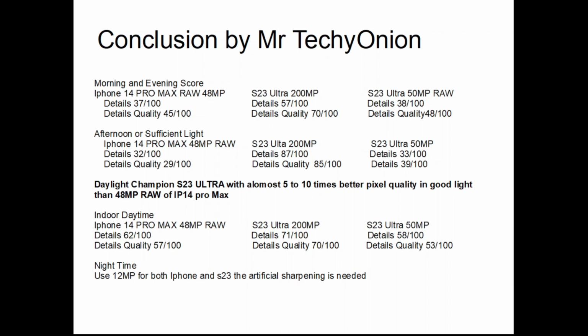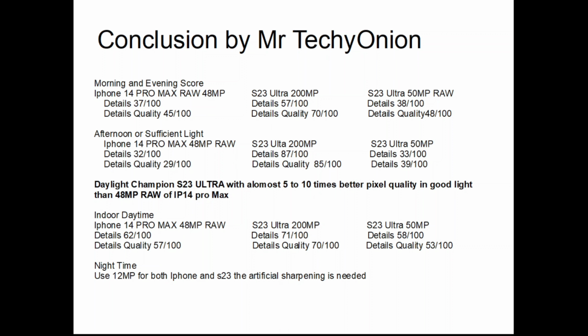The reason is it's pure details. There is no artificial processing going on, nothing. It's just pure details. But the reason it scored only 70 is because of lack of light. It did capture tons of details, but not as much as when the day gets brighter.